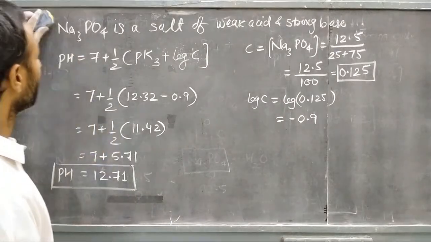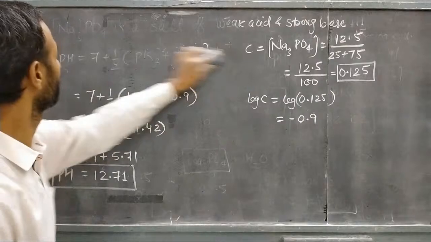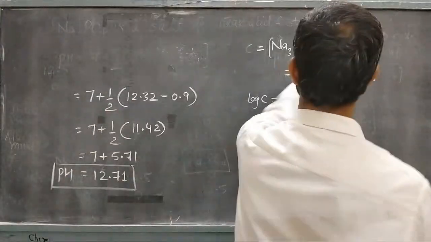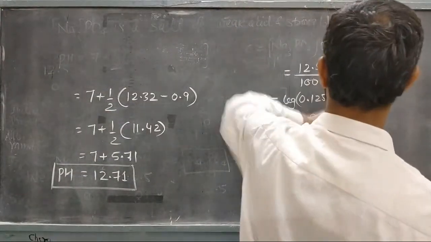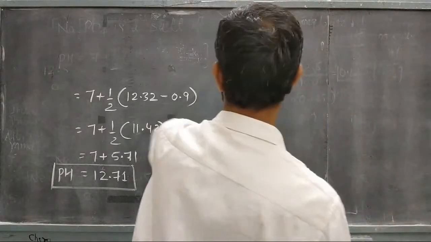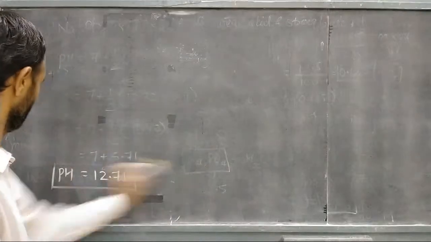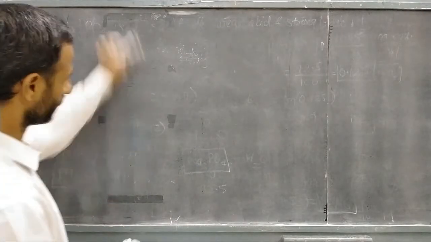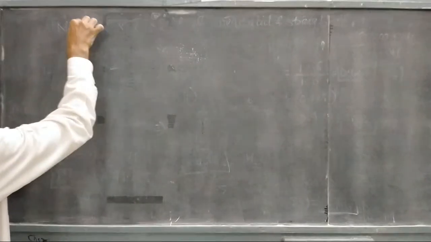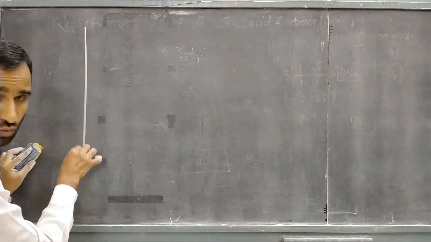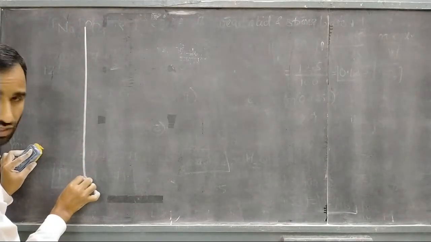So if we plot a graph for this titration, and this one is the third equivalence point. It is very difficult to detect this equivalence point.